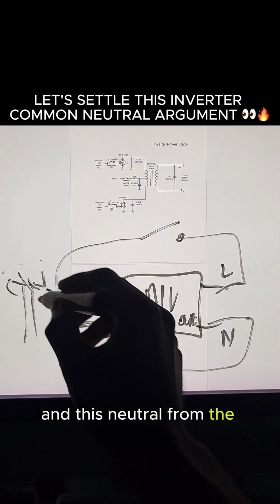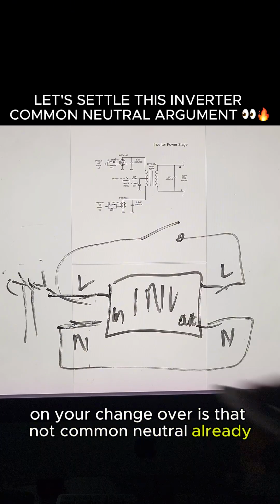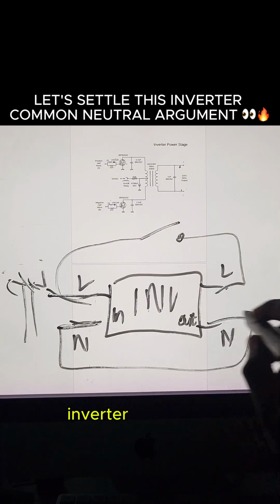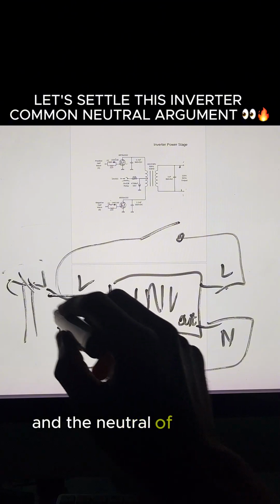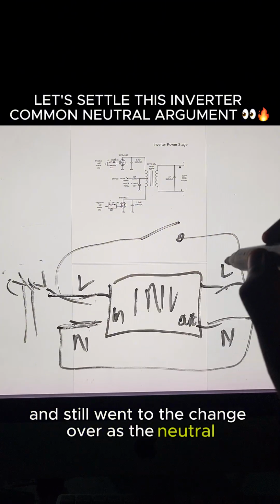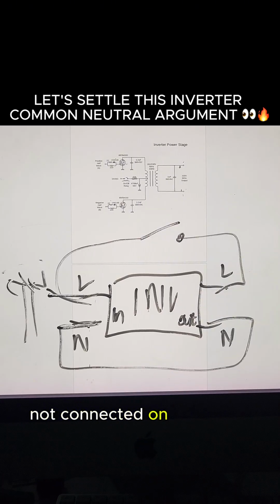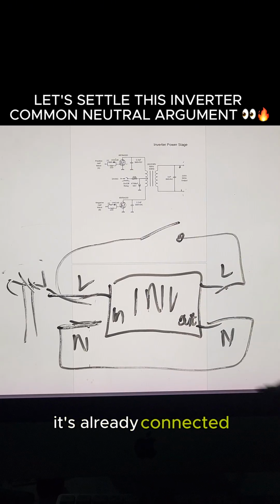And this neutral from the NEPA will still go and connect to the neutral on your changeover. Is that not common neutral already? The neutral of the input and the output of the inverter is already connected. And the neutral of your grid connected to the neutral of the inverter and still went to the changeover. Is the neutral of the output and the input of your inverter not connected on that same changeover as well? It is already connected. You are claiming you are not doing common neutral, it is dangerous, but you are still doing it without knowing.